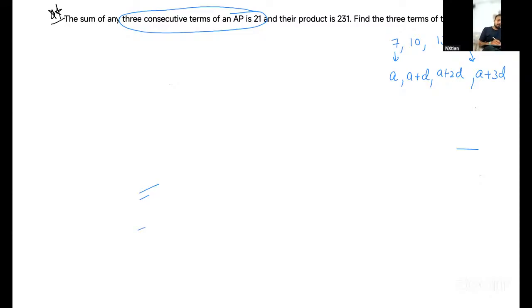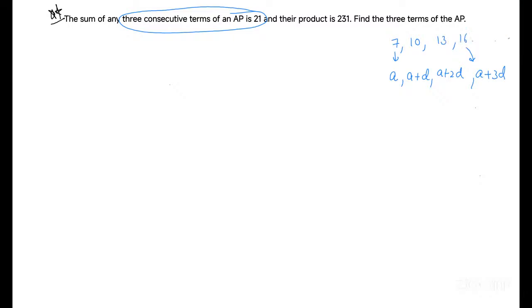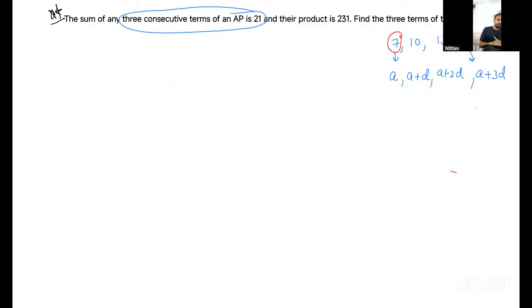But now I want to ask one more question. Okay, I'll ask Bethia. Bethia, are you there? Yes, sir, I'm there. Now if seven, what is the difference between them? Three.